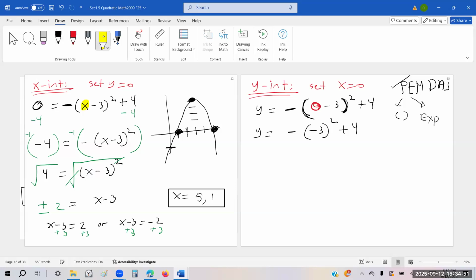Exponent. That means we need to find what this is. So what is -3 squared? 9. And now we have a combination. -9 plus 4 is -5. So this number here is -5.